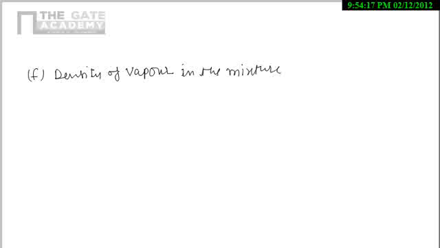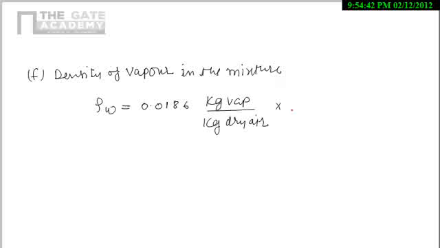We can calculate the density of vapor easily because we know the specific humidity, 0.0186 kg of vapor per kg of dry air, and we know the density of dry air, 1.12 kg of dry air per meter cube.